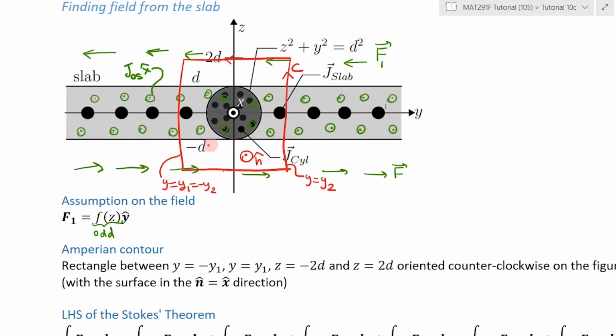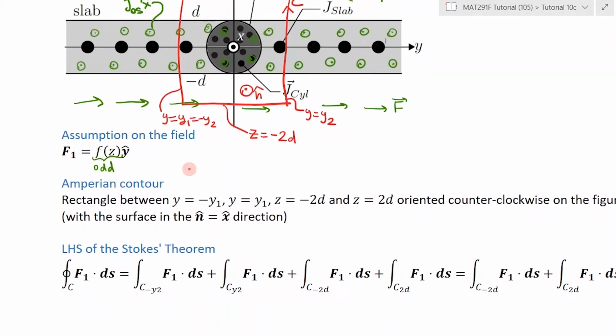It doesn't really matter if I make it symmetric with respect to y equals 0 or not, but it's convenient, so I'll do that. Z here equals negative 2d. You see, I'm making this contour symmetric again. You'll see in a minute why it's a convenient choice. And then here is z equals 2d, as we just discussed. Okay.